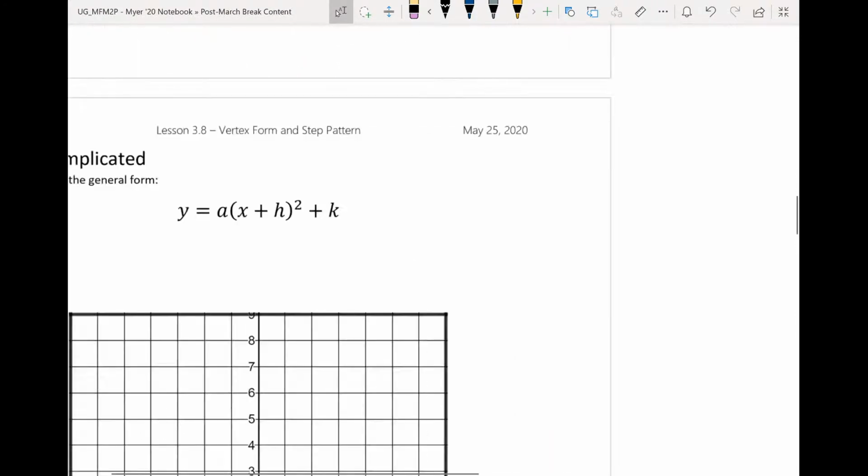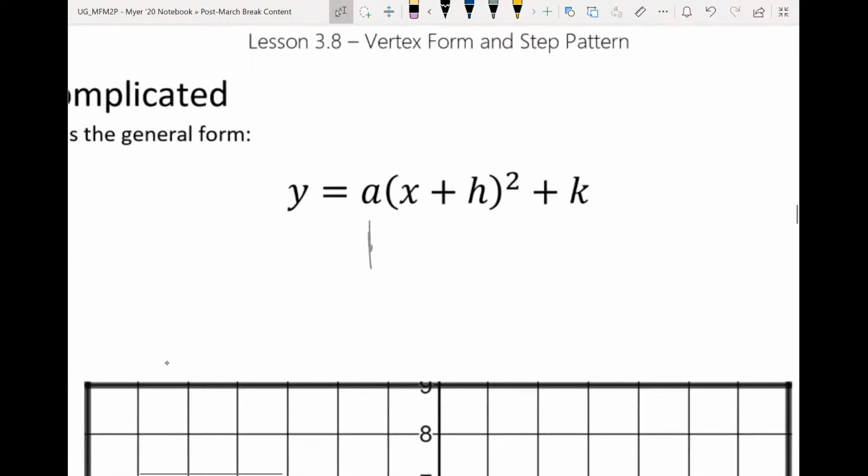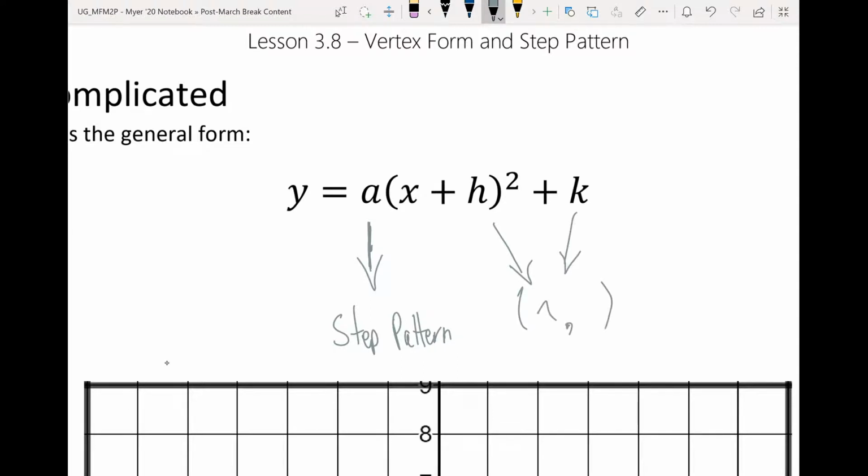Okay, so let's look at our standard thing here. Again, the letter A represents step pattern, and H and K represent the vertex. We just have to remember the opposite sign.